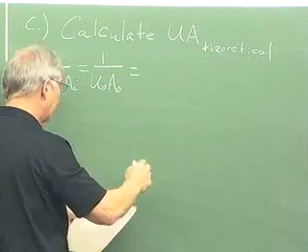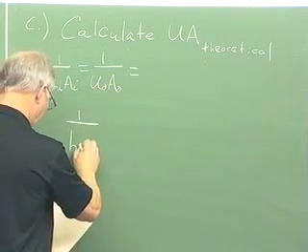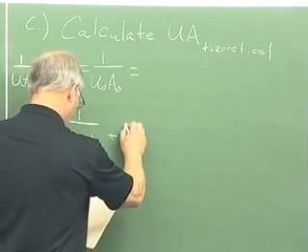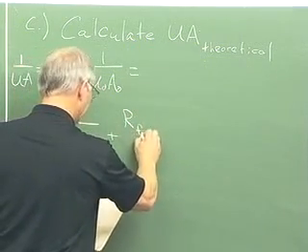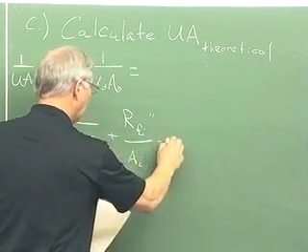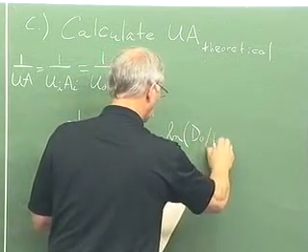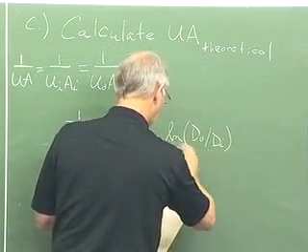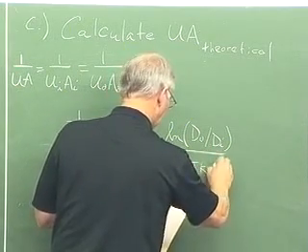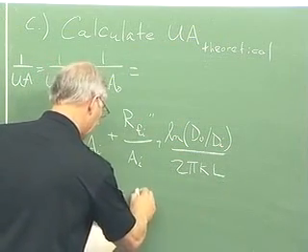And all of that, I'm going to write it down here, is equal to 1 over h_i A_i plus the fouling factor. I'm going to write the next part down here. It continues.